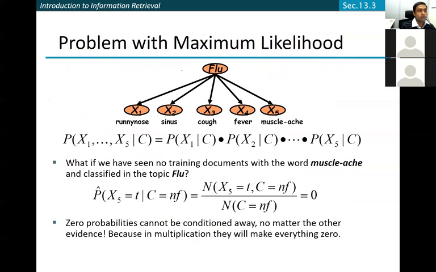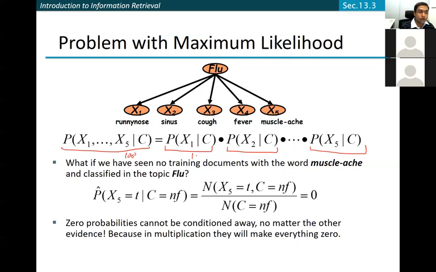Now, the problem with maximum likelihood: we have taken the assumption that each of these words is independent. So if there are 5 words in a document, we multiply their probabilities. But usually there are hundreds of words.